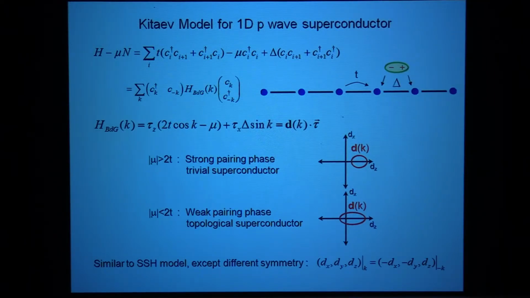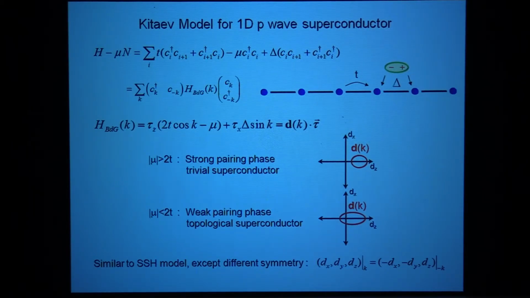So this Hamiltonian, I can write as a matrix like this, and if I do it as a function of k, then I have a Hamiltonian which is just like the Hamiltonian for a one-dimensional insulator, and it's a 2x2 matrix. The non-superconducting part of it is on the diagonal, and it's just the one-dimensional tight binding model with a chemical potential, multiplied by tau z, which is h and minus h on the diagonal.